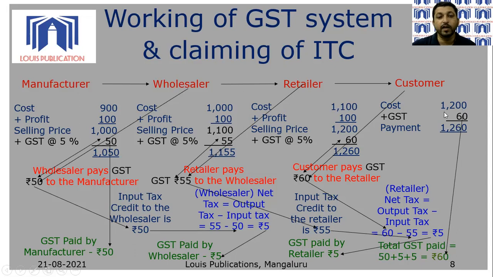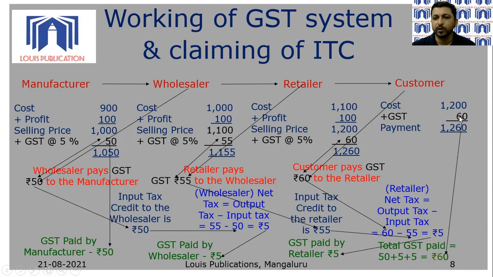So this is a very, very important point. No matter which tax we are talking about, whether we are talking about direct tax or indirect tax, and in that GST, ultimately, it is the customer who is supposed to pay the GST amount to the government. But in the supply chain, part of the GST amount is paid by the manufacturer, a part of it is paid by the wholesaler, and a part of it is paid by the retailer.